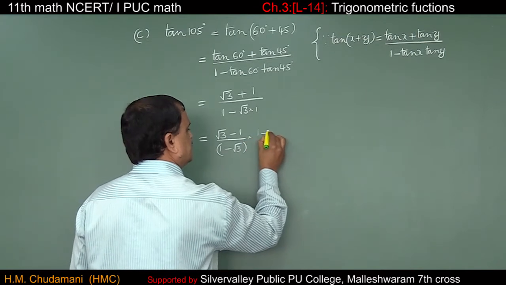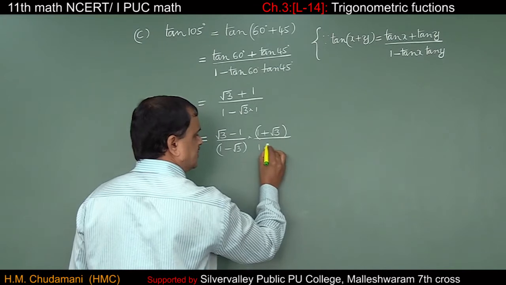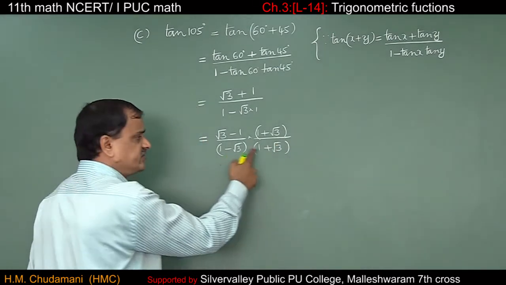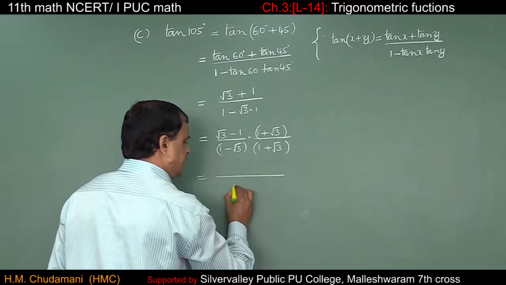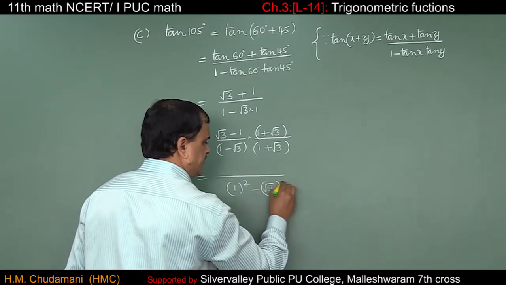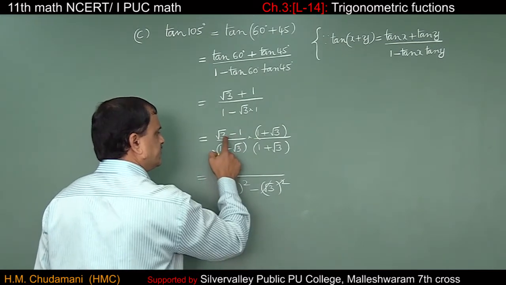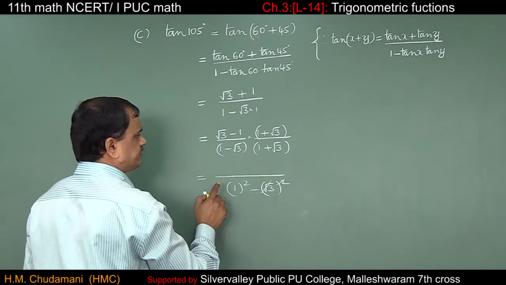I just multiply and divide by 1 plus root 3. Look at the denominator. A minus b into a plus b can be written as a square minus b square. So this is root 3 plus 1 into root 3 minus 1.